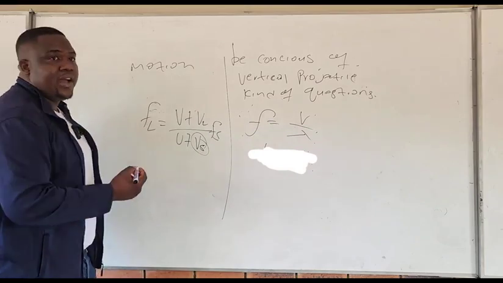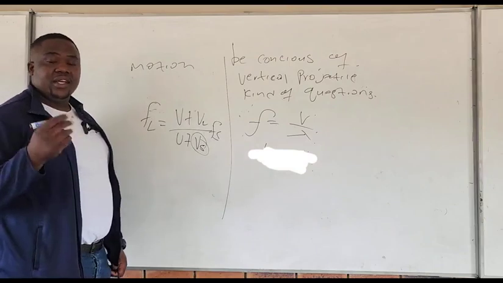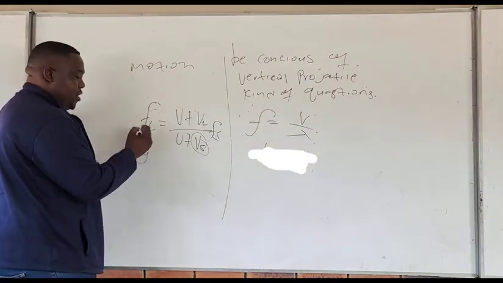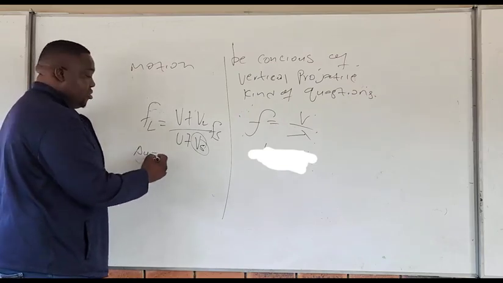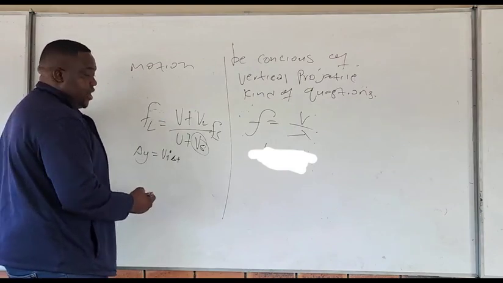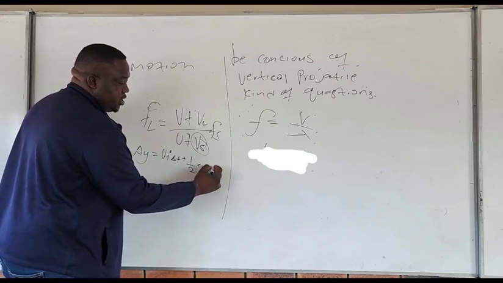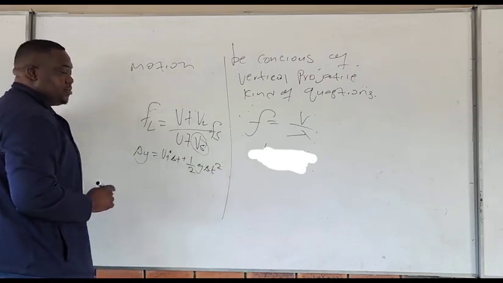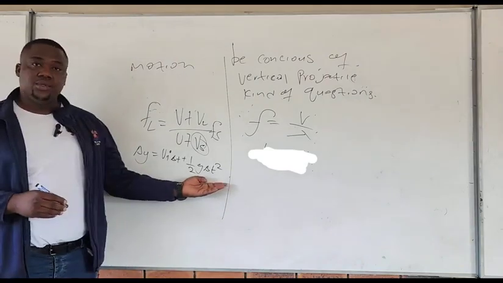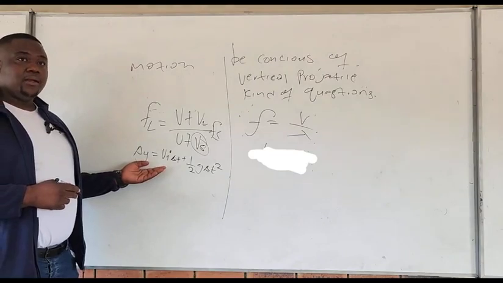Which formula do we have for calculating with a distance? We have Δy equals v_i Δt plus 1/2 g Δt².